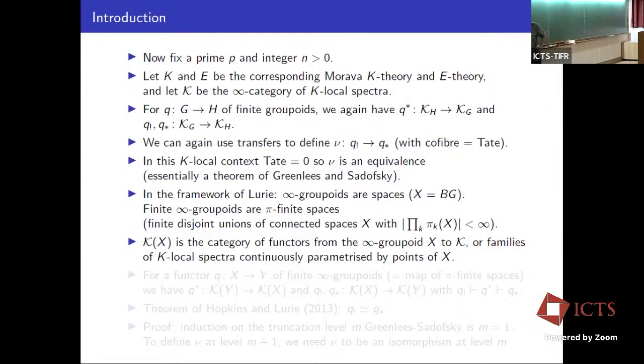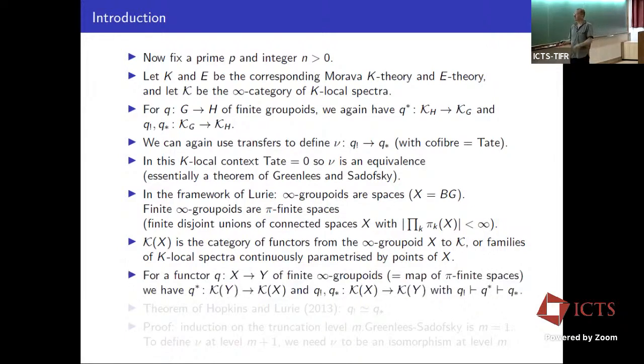The groupoid is a kind of category, and curly K is a kind of category, so we can think about functors from our infinity groupoid to curly K, and these things are the same. It's all built into the infinity categorical picture that functors from a space considered as an infinity groupoid are the same thing as local systems or parameterized families. So we've got these two different pictures of this category curly K of X.